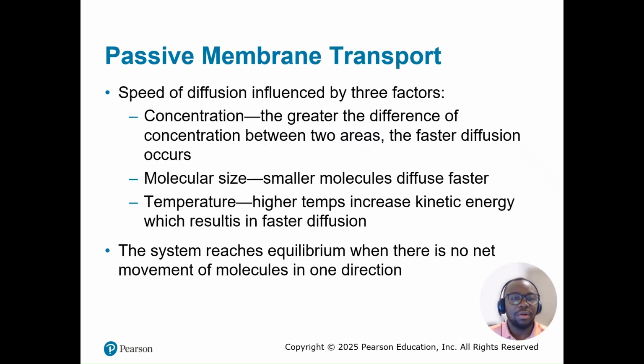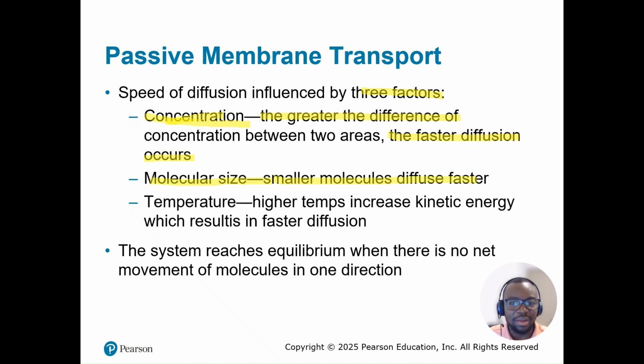The rate of diffusion is influenced by 3 key factors. The first one is concentration gradient. The greater the difference in concentration between 2 areas, the faster the rate of diffusion. The next is molecular size.